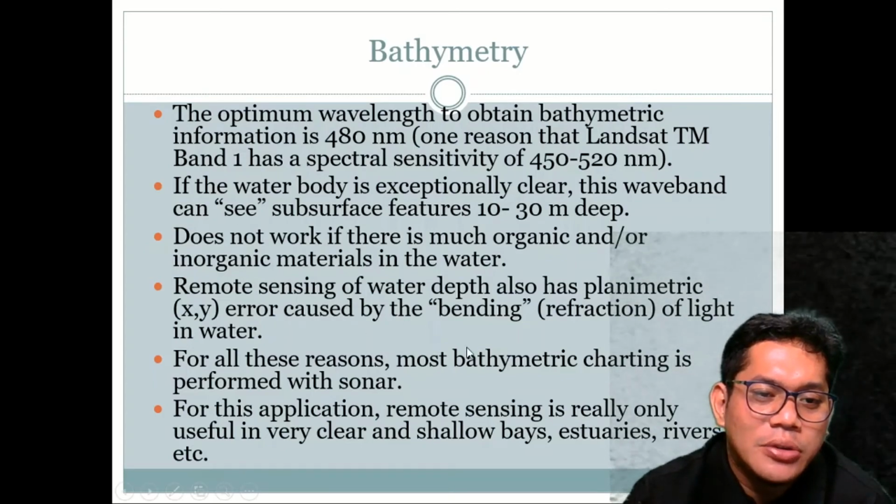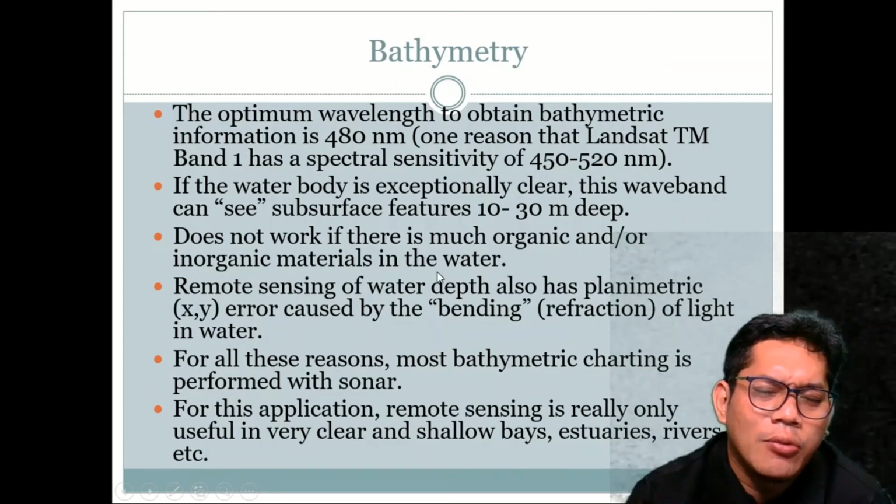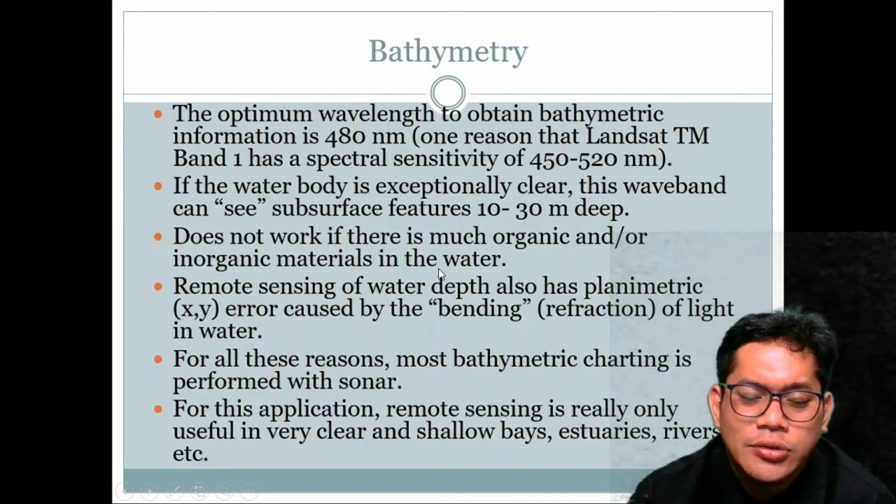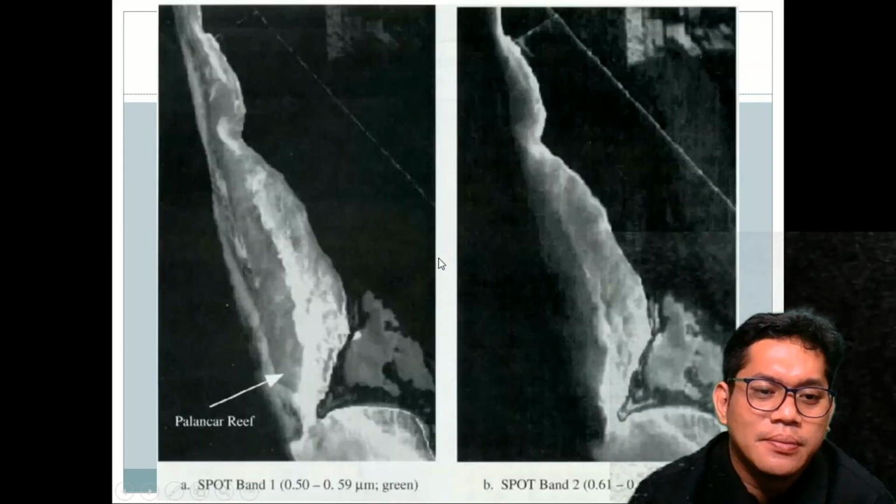Remote sensing is usually not able to give this information, so most bathymetry uses sonar. For this application, remote sensing is only useful in very clear and shallow water bodies, estuaries, rivers, and more. Sonar basically uses the same concept as a radar system.